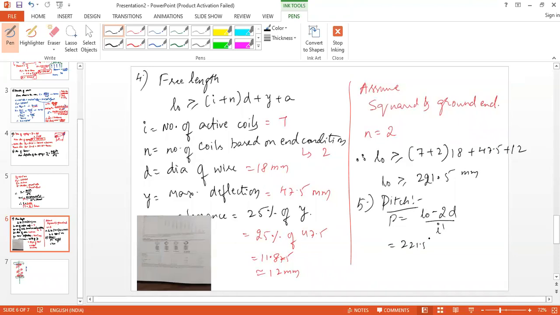It is 221.5 minus 2 times 18, divided by I dash, which is the active coils, 7. So pitch is 26.5 mm.